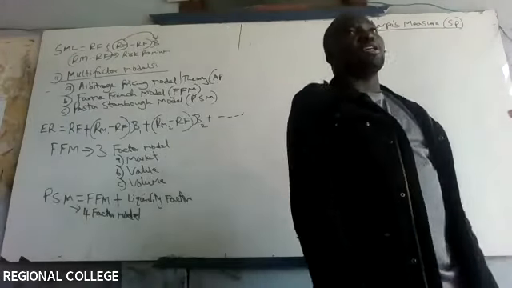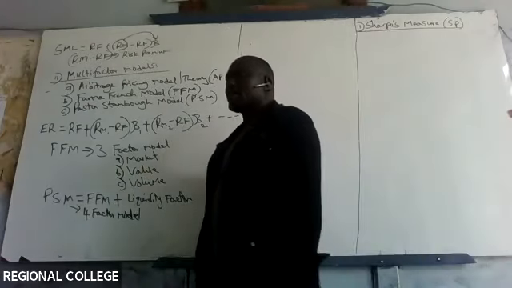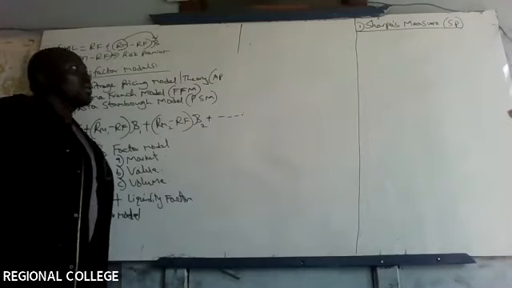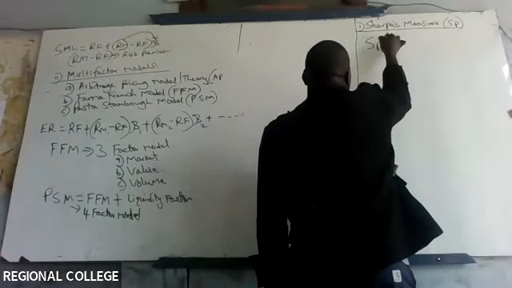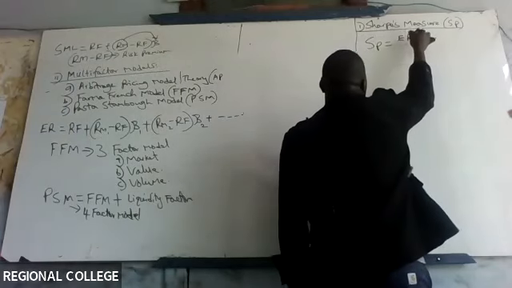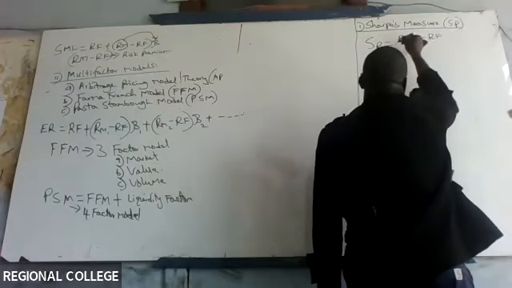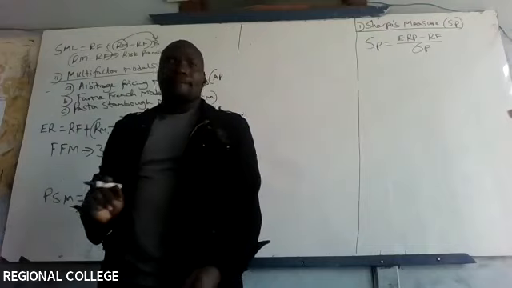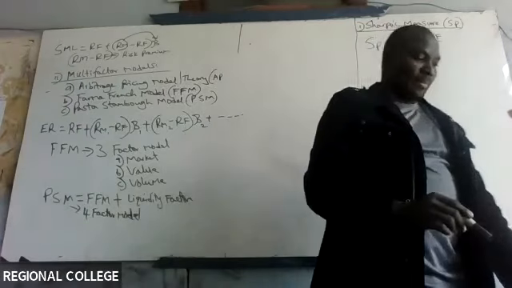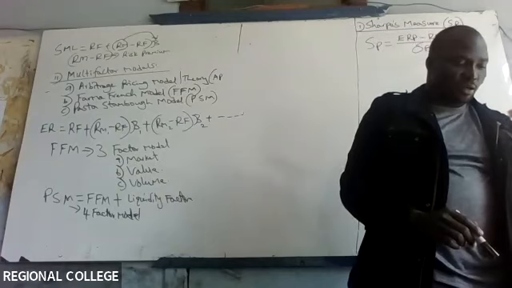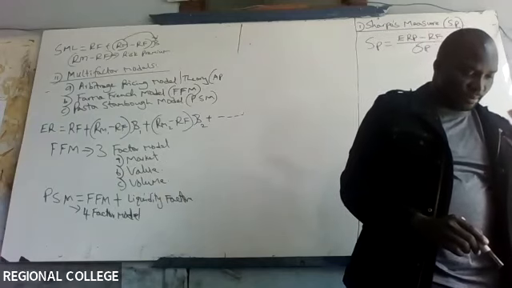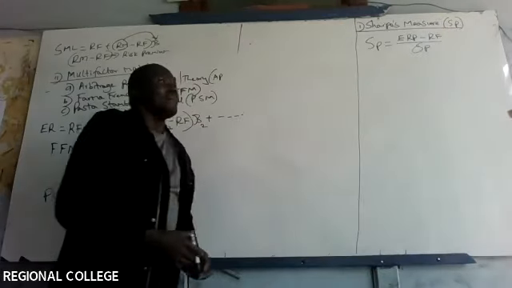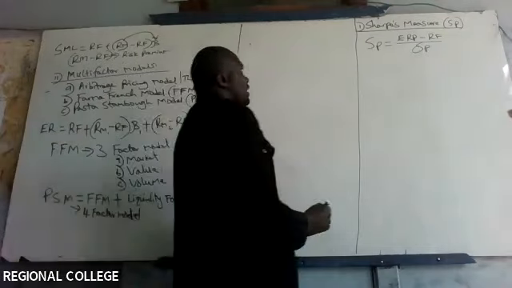So the higher the Sharpe's measure, the higher the risk. We're not interested in the high risk. And that's why we're saying we are happy when the risk is low, the lower the better. Then Sharpe's of the portfolio equals expected return of the portfolio minus RF divided by standard deviation of the portfolio. That's about Sharpe's measure.